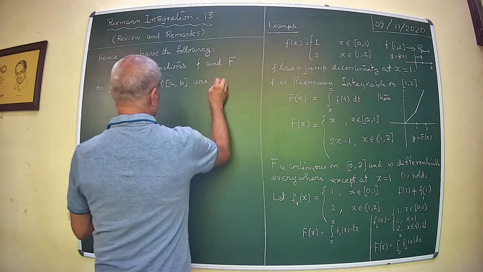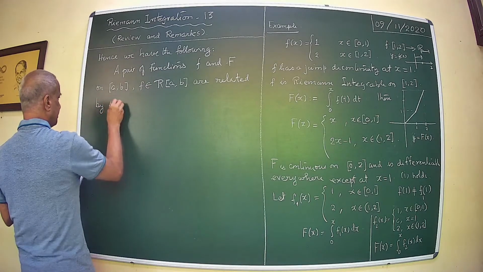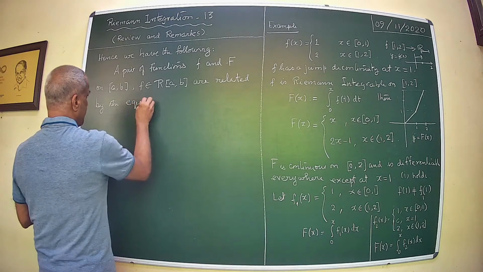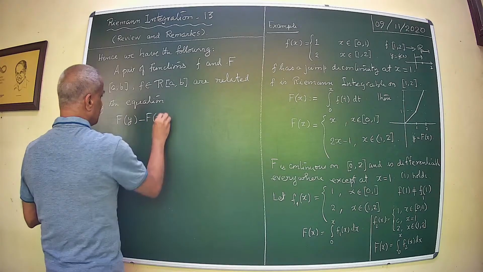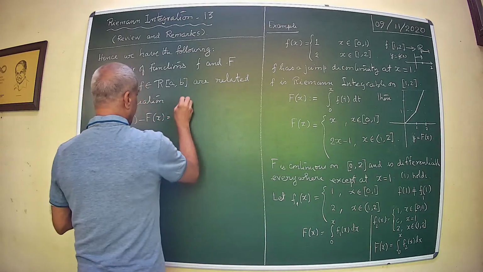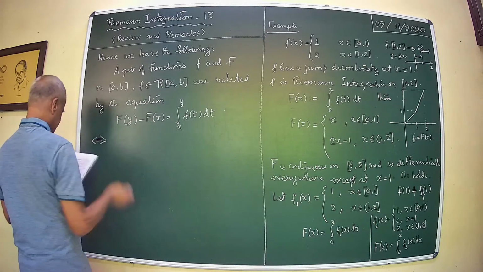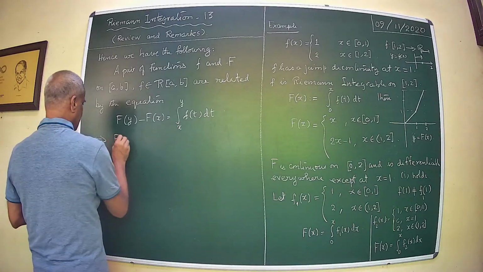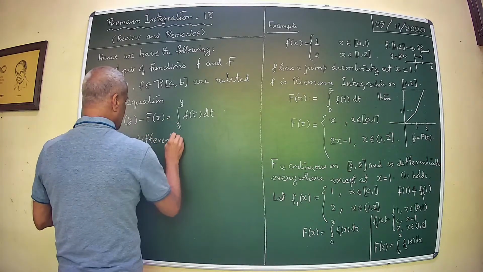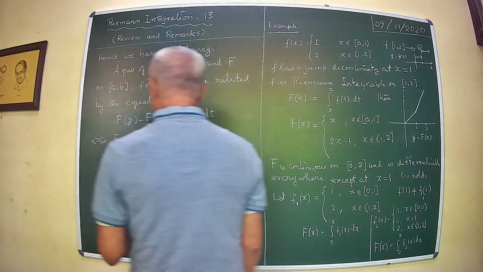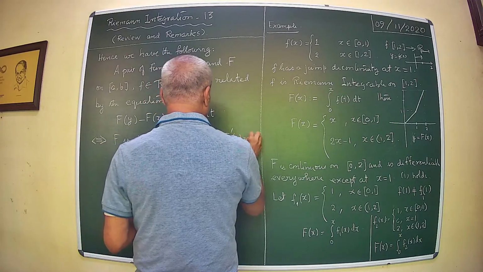They are related by the equation F(y) minus F(x) equal to the integral from x to y of f(t) dt if and only if capital F is differentiable and the derivative of capital F at x equals f of x.